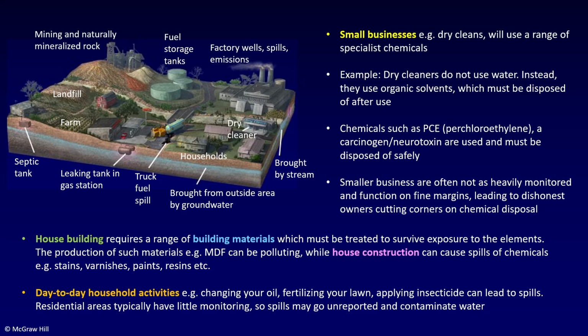Now, in terms of residential pollution, it comes in two main ways. The first way is actually the building of the house itself. So, obviously, in order to build your house, you're going to need building materials, and a lot of these will be treated in order to survive surface exposure to the elements. And so, when you think of something like the production of materials like MDF, medium density fiberboard, this will require a whole range of polluting chemicals to be used to protect that material and produce that material.